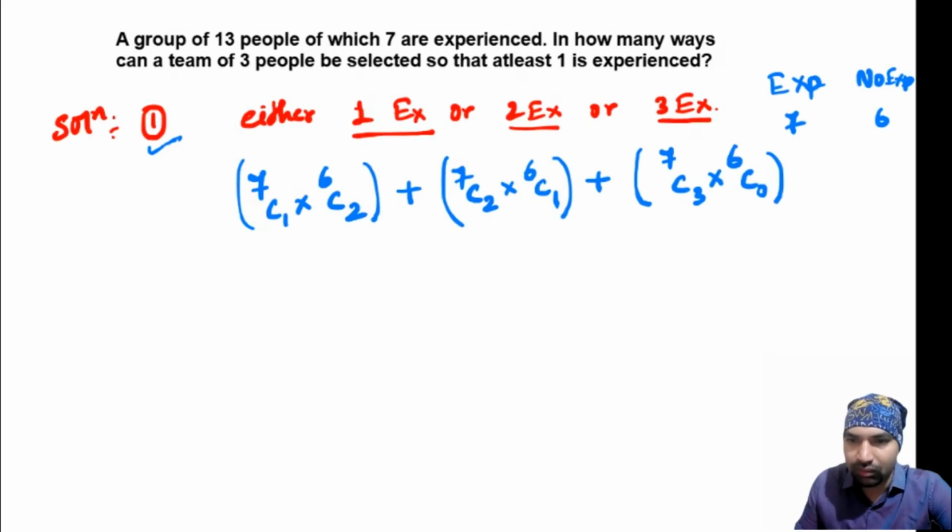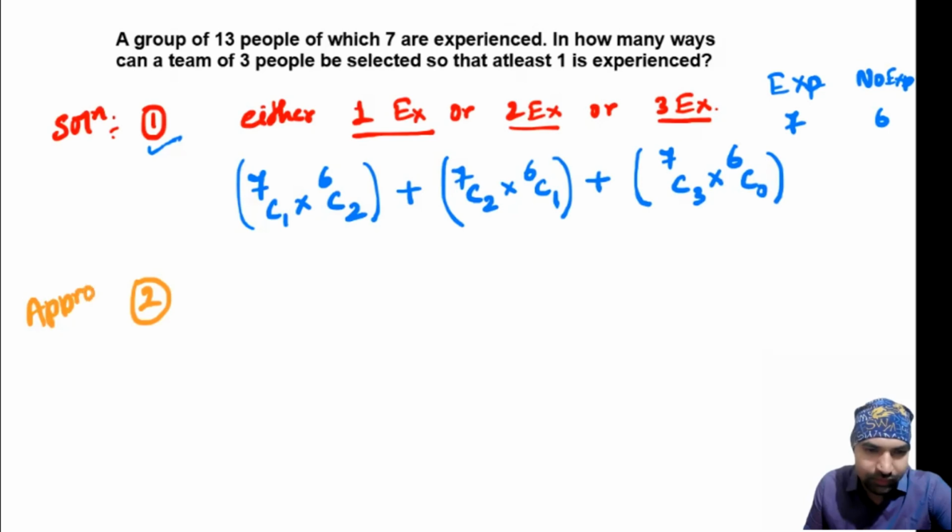Now another way to look at this question is the second approach. I have to select 3 people out of a total of 13. In how many ways can I select these 3 people out of 13? That is 13C3. This is the total, right?